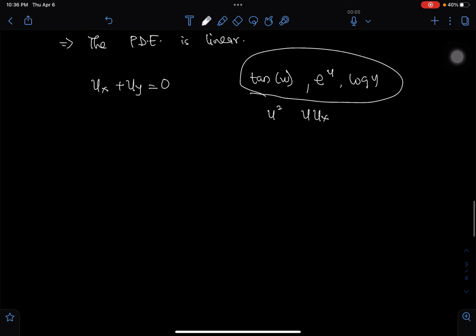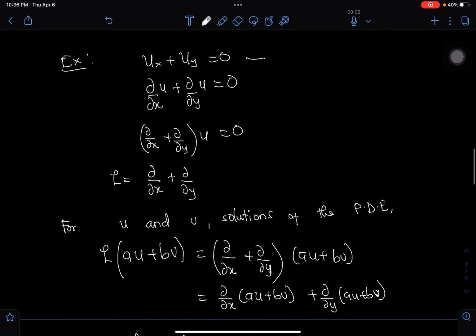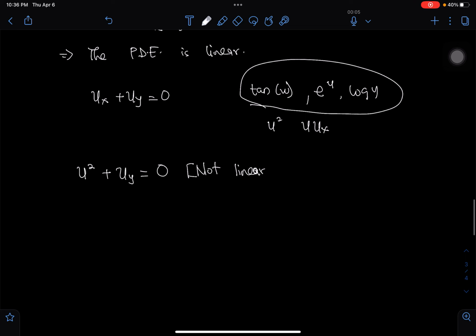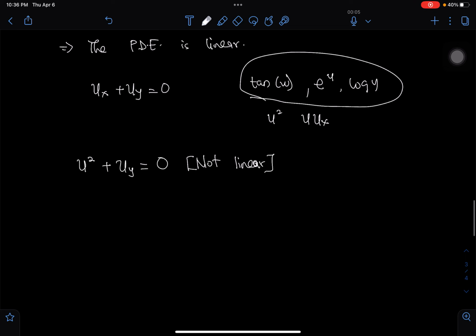But I want you to try by yourself. Show me that u squared plus u_y is not linear. By the same thing we did over here, you can try that here, and that should tell you that it's not linear.